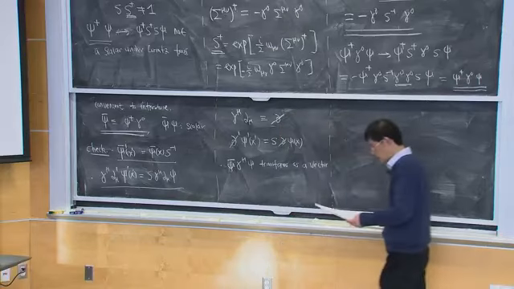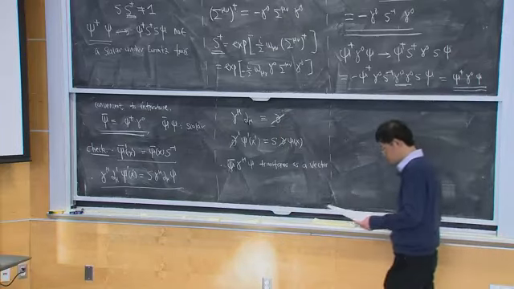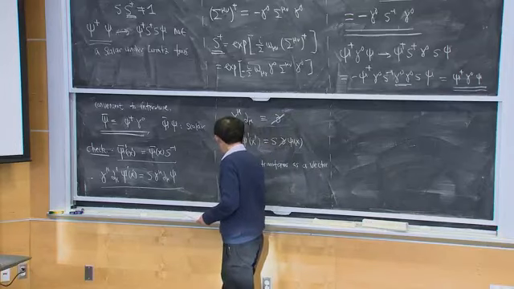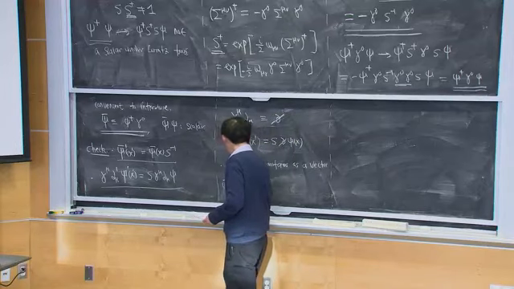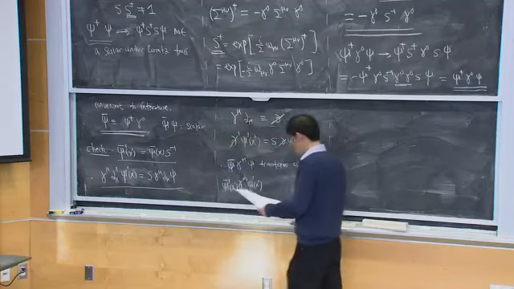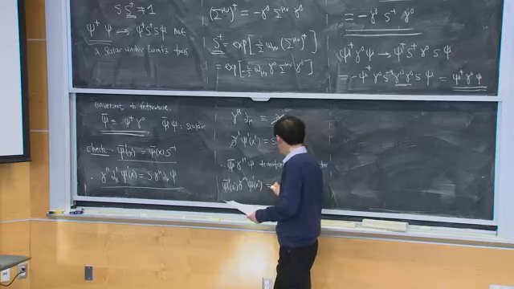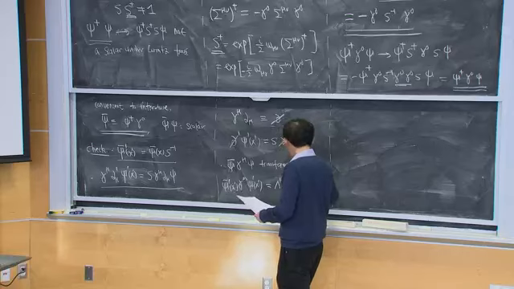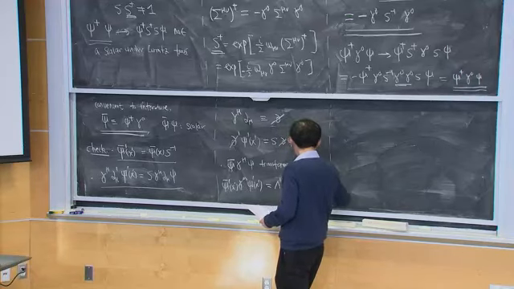That means psi bar prime x prime gamma mu psi prime x prime is equal to lambda mu nu psi bar x gamma nu psi x.